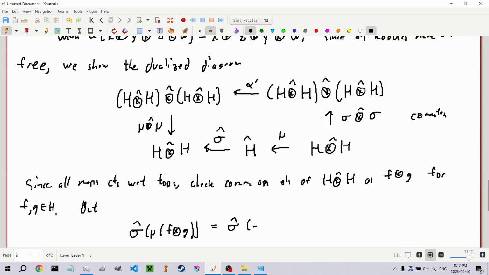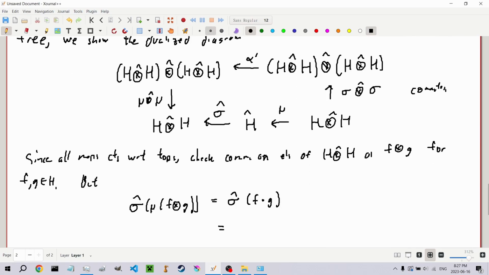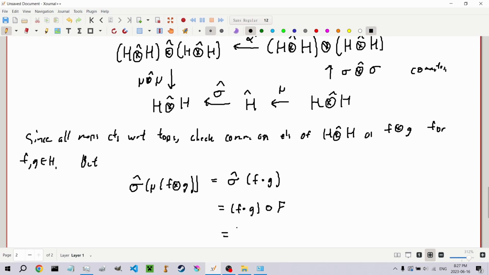So this is sigma hat of F dot product with G, which is the same as F G composed with F, which we can then distribute along this product.